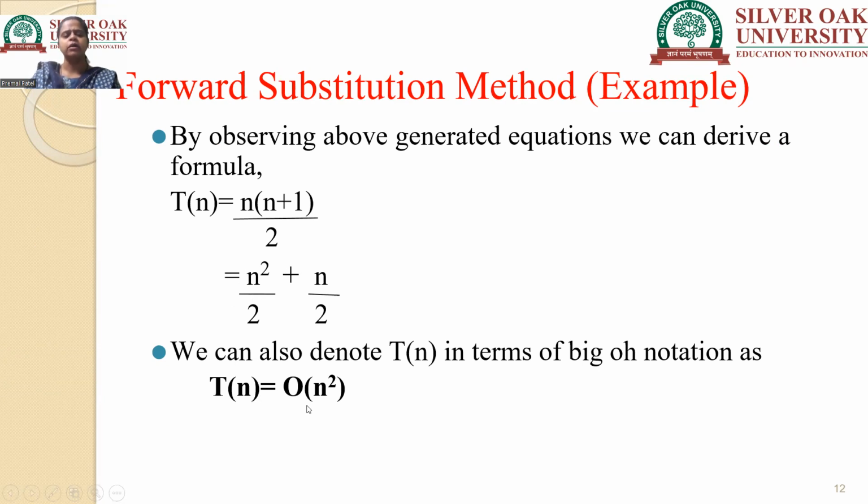Here the highest polynomial degree of n is 2, so it is n². In big O notation, the complexity of the equation is T(n) = O(n²).